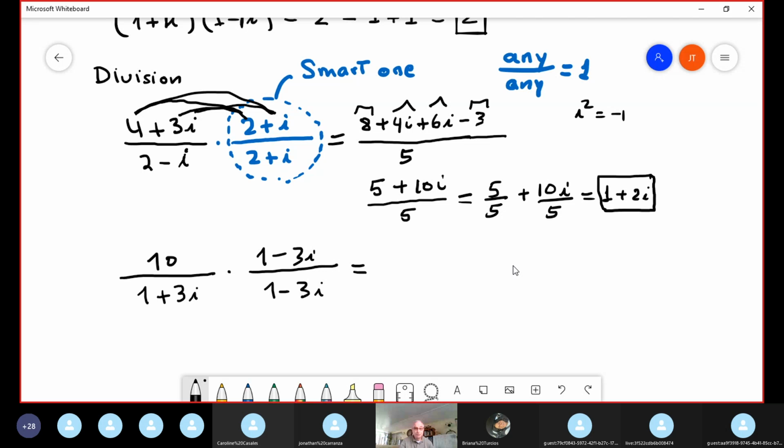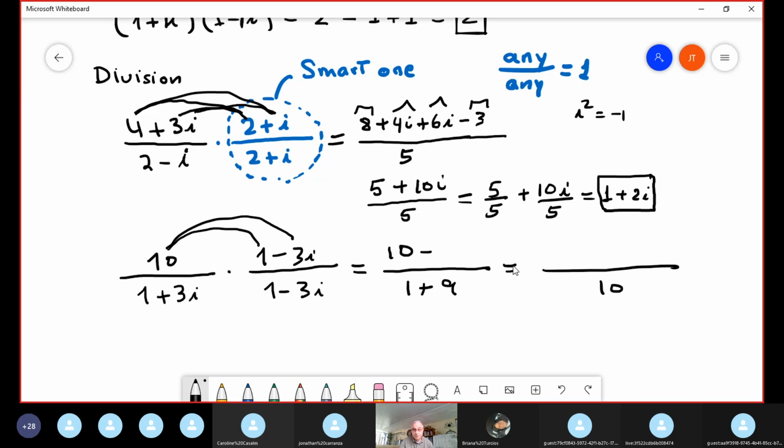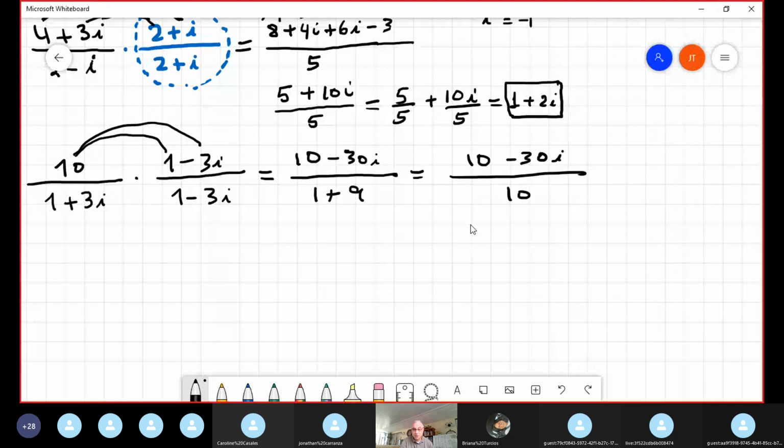And now multiplication. I did before. 1 times 1 is 1, plus 3 times 3 is 9. It's 10. Denominator is 10. It's real. And the top, well, it's easy. It's not necessary to use the distributive property. It's 10 minus 30i. Entonces now, guys, remember, when you manipulate complex numbers, you have to express the final answer in standard form.